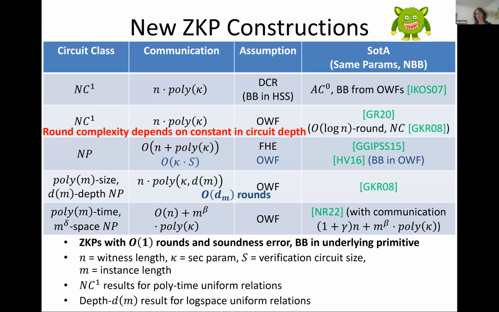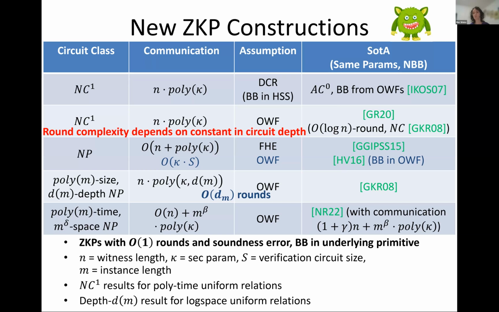And then we have a bunch of other results for other complexity classes where we give black box alternatives to existing zero-knowledge proofs with the same parameters, but that used the underlying primitive in a non-black box way. And I just want to make two comments about the statement I just made. The first is that we don't improve over the Chase, Ganesh, and Subramanian result here. They were also black box in the one-way functions.